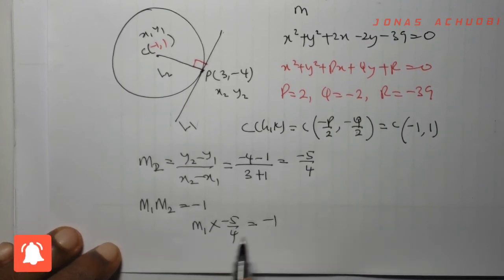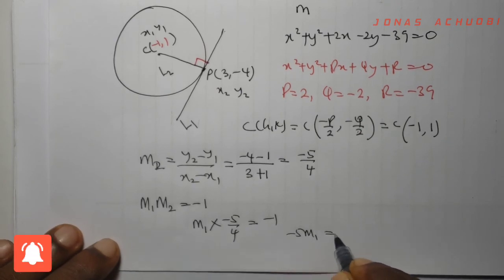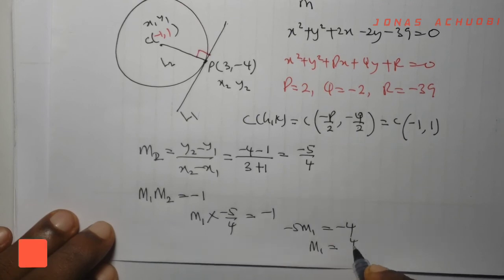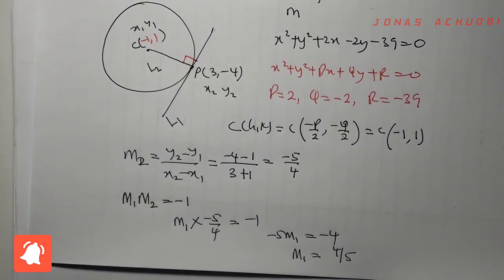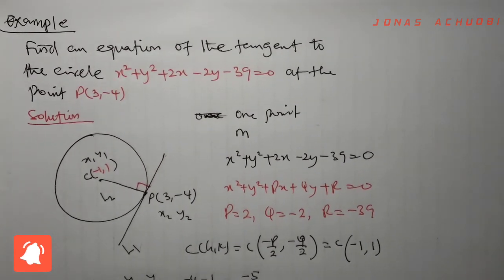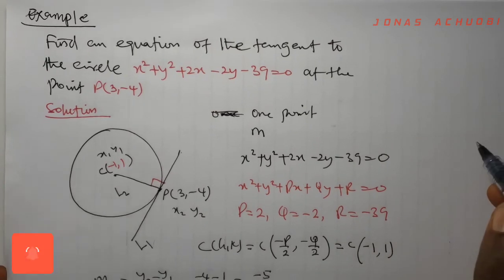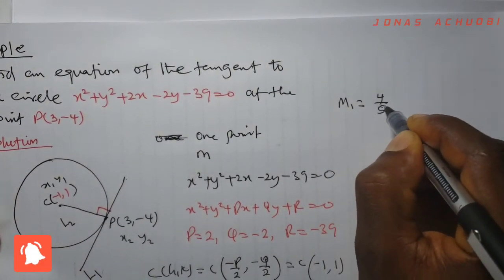We can rearrange this, and we get that minus 5 m1 is equal to minus 4, so that m1 is equal to 4 over 5. So this is the slope of line L1. So for the tangent we are looking for, we now have the slope m1 as 4 over 5.